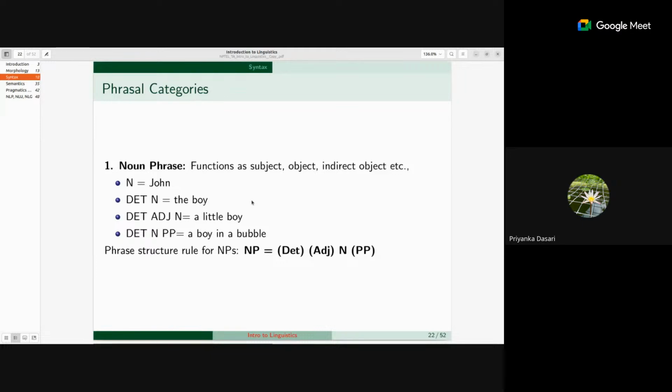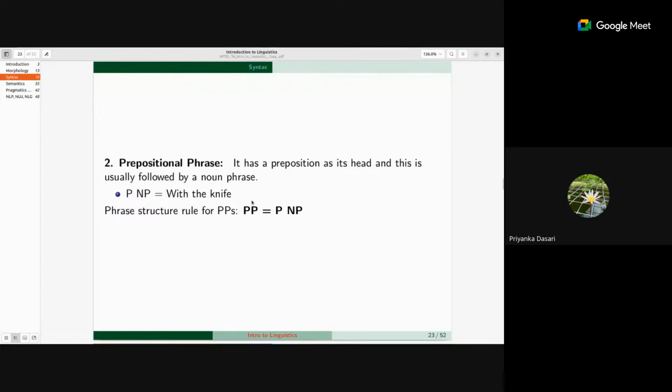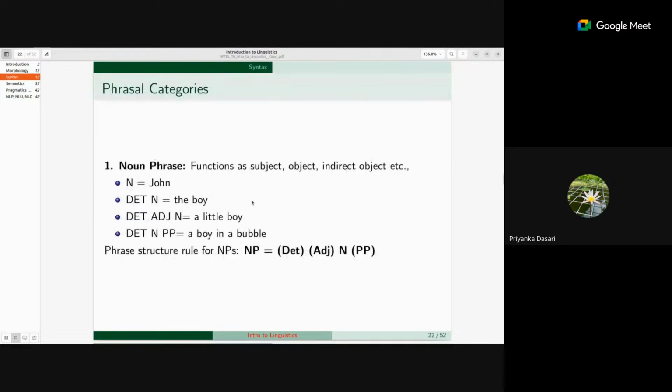This is the noun phrase, and this is the prepositional phrase, where a preposition is its head, and this is usually followed by a noun. I have missed one point here: determiners, adjectives, and prepositional phrases are the optional elements in a noun phrase.